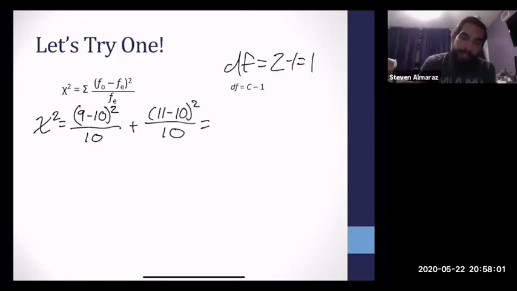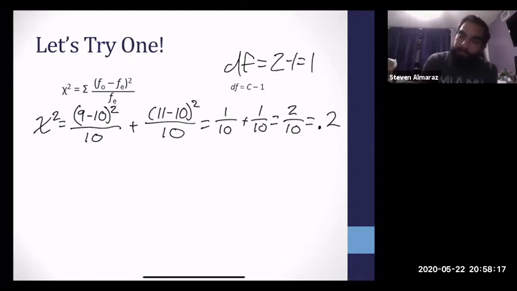So 9 minus 10 is negative 1 squared is 1. 1 over 10 plus another 1 over 10. So we get 2 over 10 total, which is 0.2.